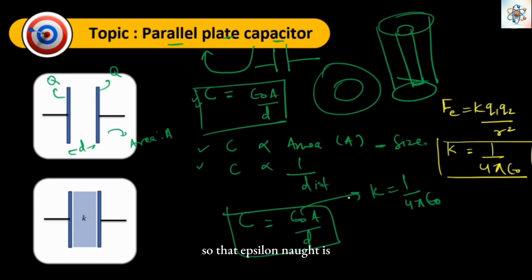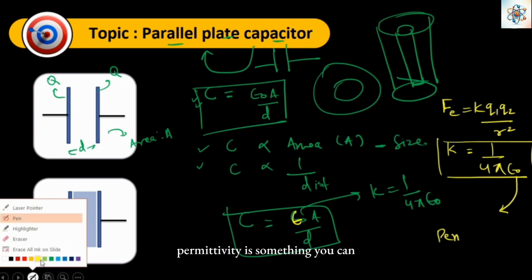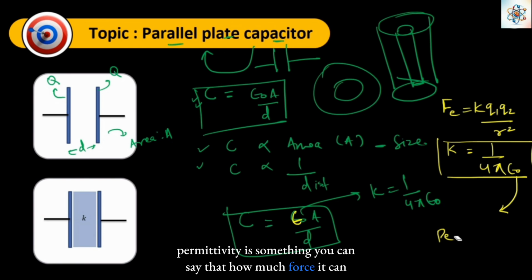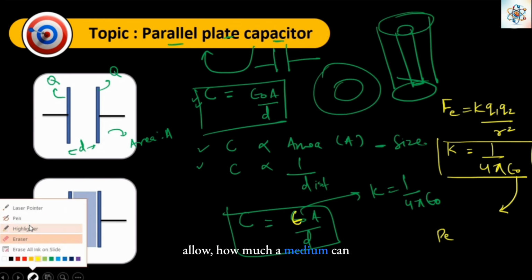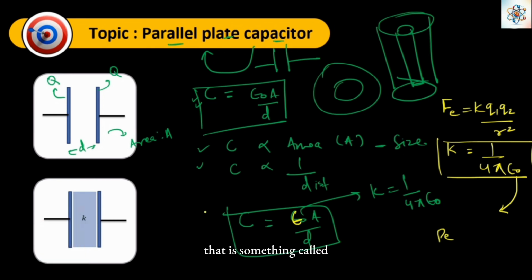So that epsilon naught is something which is there for capacitors also. Epsilon naught is permittivity. Permittivity is something you can say is how much a medium can allow a force to exist, like giving permission to it.